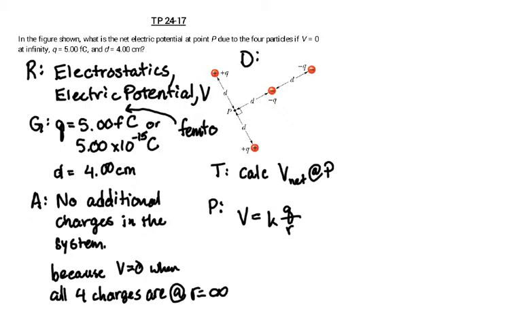It's just infinity. Well, 1 over an incredibly, infinitely large number is going to be 0. So the electric potential of each of our particles is equal to 0 when they are all at infinity. That means when those 4 particles are there, there's nothing else in the system that is contributing to an electric potential at point P.